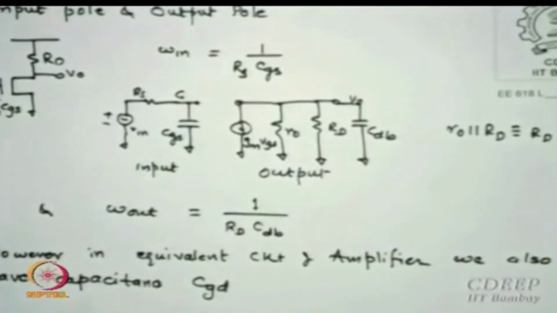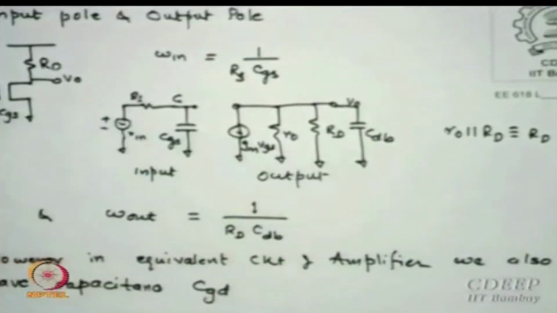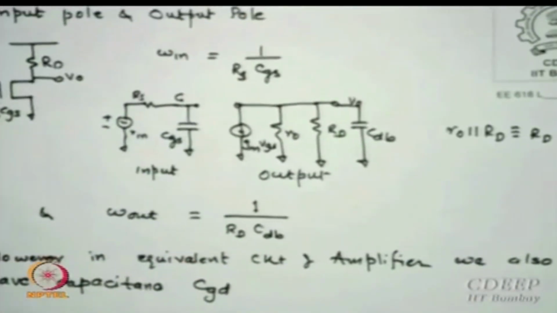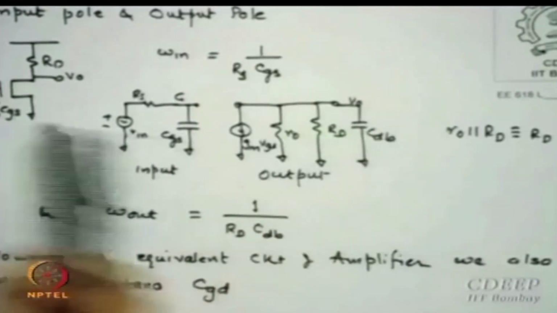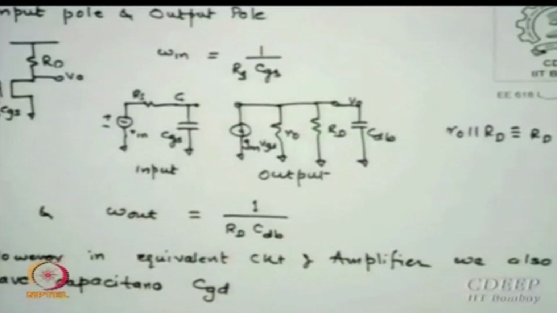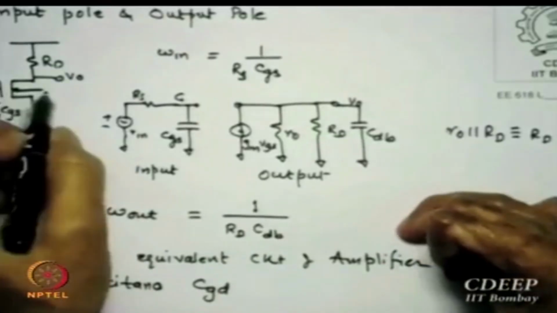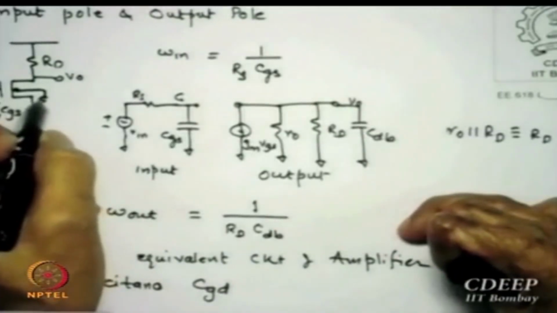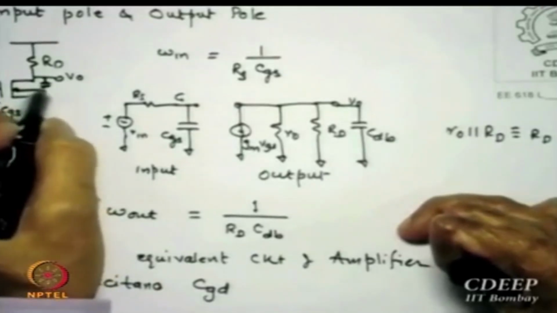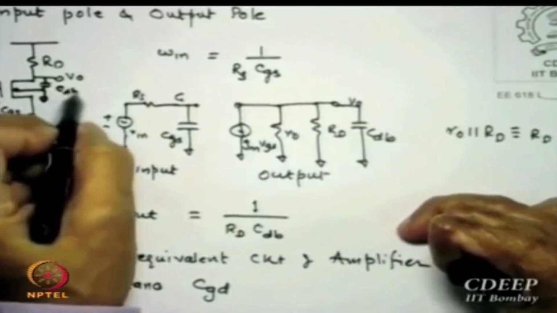Right now I am only interested in the input capacitance CGS. Also there is an output capacitance CDB. Let us say this is N channel and this is grounded, then there is a capacitance here which is CDB.